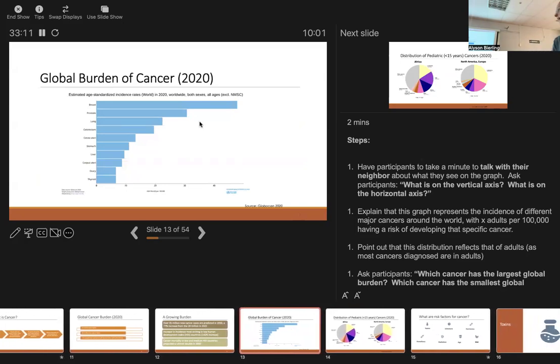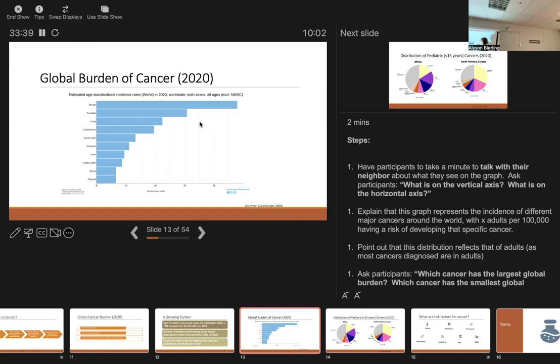And so this slide here just shows globally which cancers are most common. This is worldwide. In 2020, the number 1 cancer, this shows the diagnoses per 100,000 people worldwide, was breast cancer, the most common.